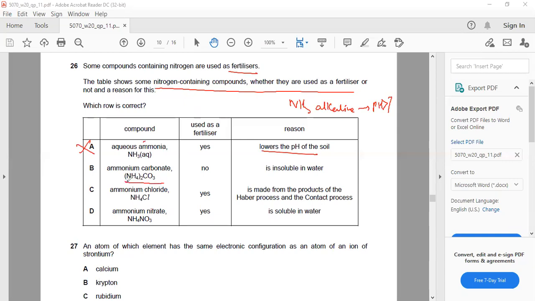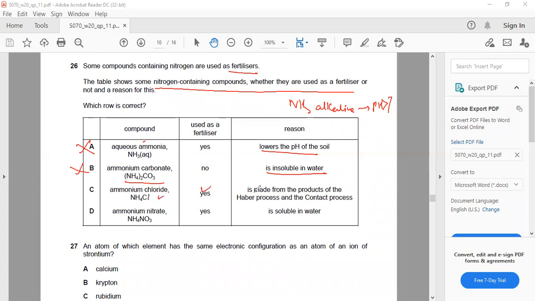Ammonium carbonate: a couple of questions before, I mentioned that all compounds of ammonium are soluble. Certain insoluble, that is also wrong. Eliminate wrong things. Ammonium chloride, yes, we use as fertilizer. This is also correct.